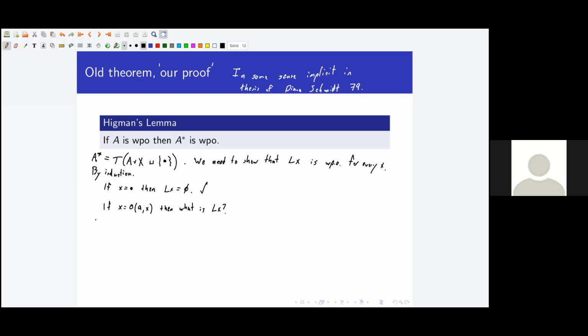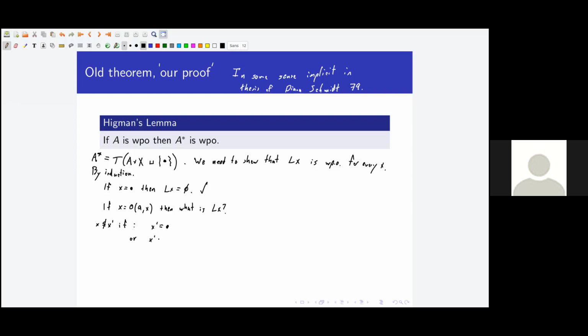By which I mean, what are the X prime satisfying this? So one example is if X prime is a dot, because X is non-empty, it doesn't embed into the empty string. Good.